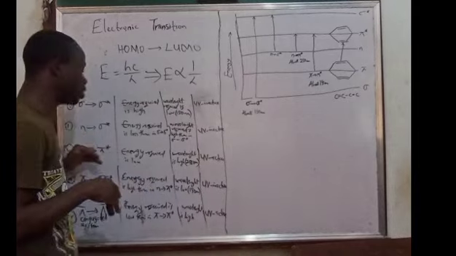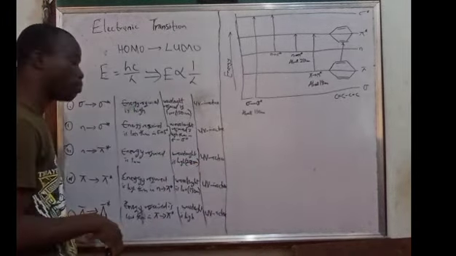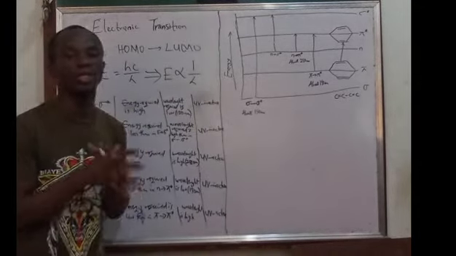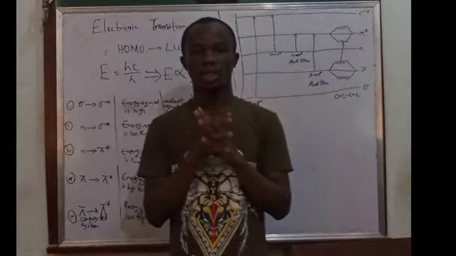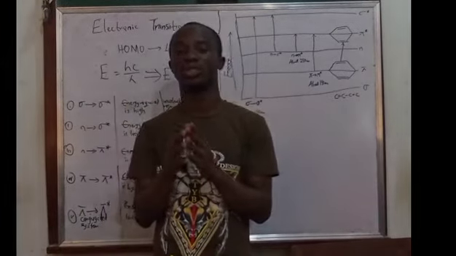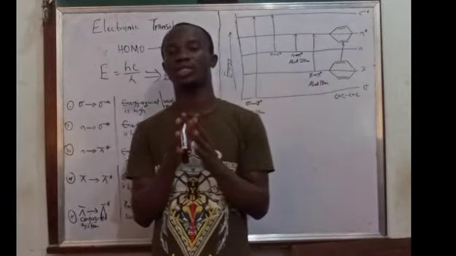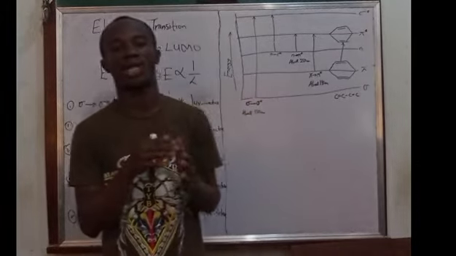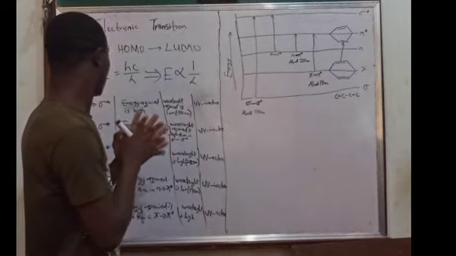But it is only the N to pi antibonding and the pi to pi antibonding of a conjugated system that are UV active. That was why we started from the point that UV spectroscopy is used in studying systems that have conjugation. It's because conjugation reduces the energy required for electronic transition in such a way that the wavelength of light required for that transition falls within the UV region.